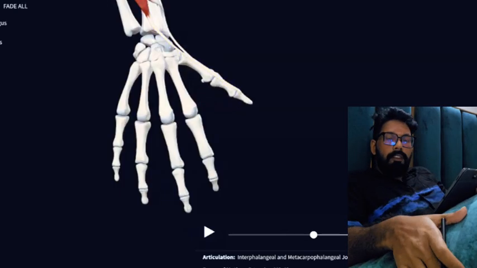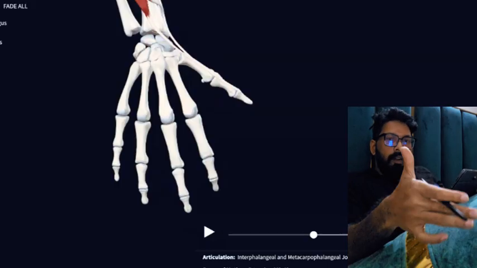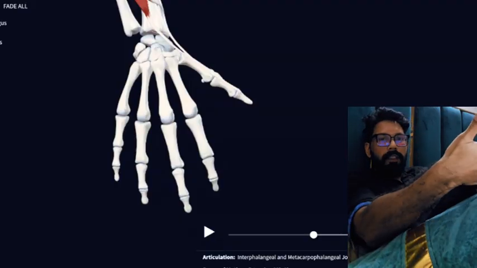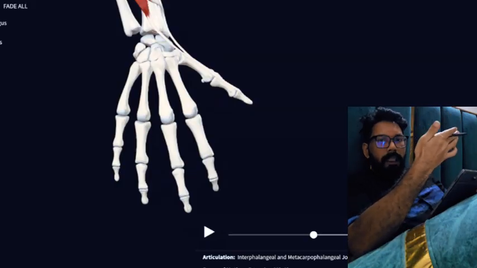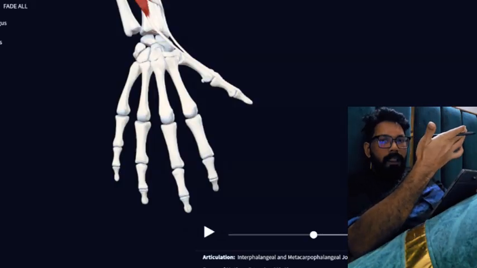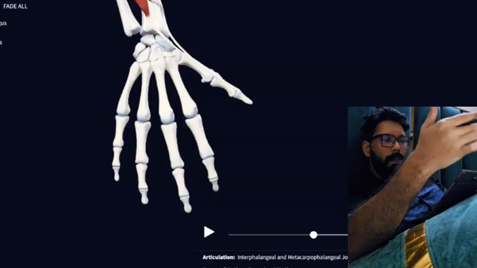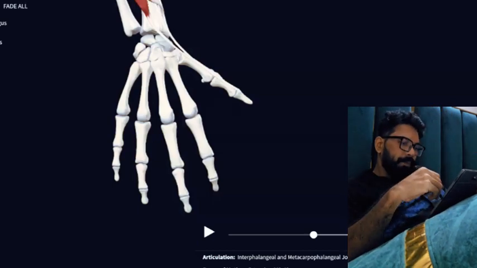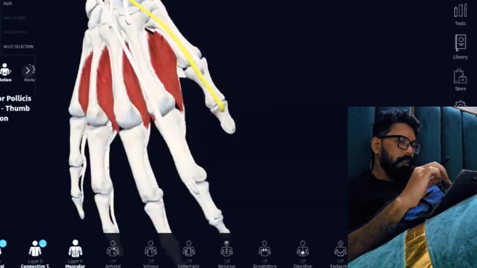So this is your extensor pollicis longus. The tendon you are seeing, this is your extensor pollicis longus. That is very clear. You can see it very clearly. Lift your finger above, and this is your extensor pollicis longus.